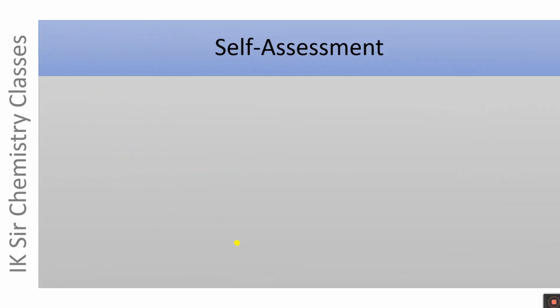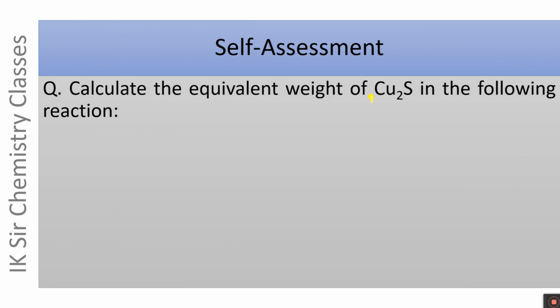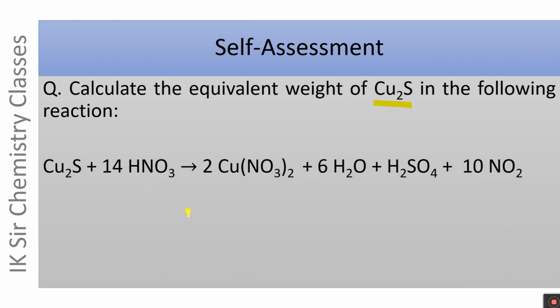Now the time for another self-assessment. Calculate the equivalent weight of cuprous sulfide in the following reaction. A reaction is given here: Cu2S reacts with conc. HNO3 producing cupric nitrate plus H2O plus H2SO4 plus NO2.